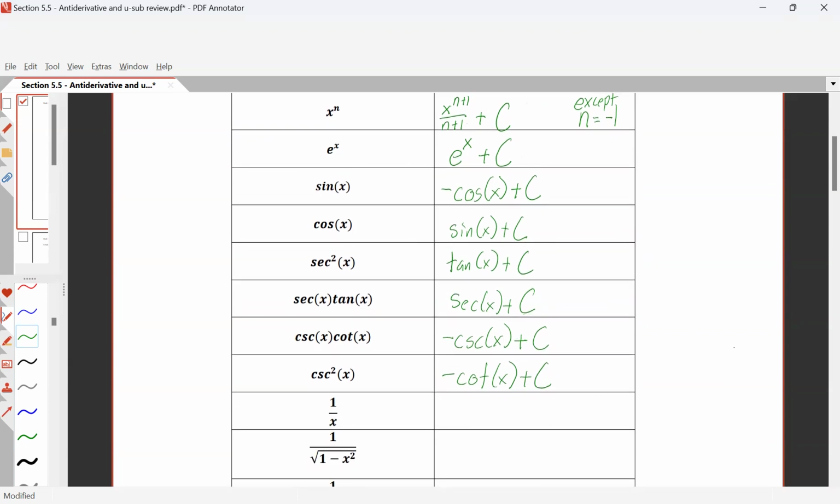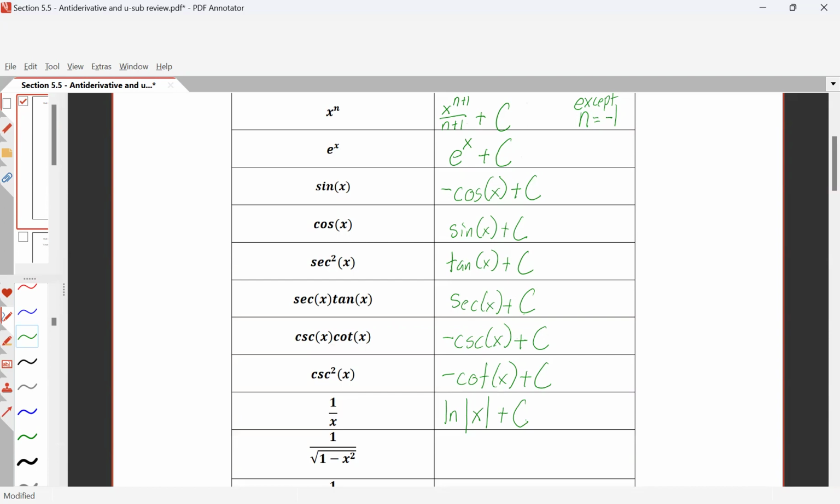So we have a different rule to take care of the case of 1 over x, and that is that we know the antiderivative of 1 over x is the natural log of the absolute value of x, because there are many cases when we may be needing a negative.